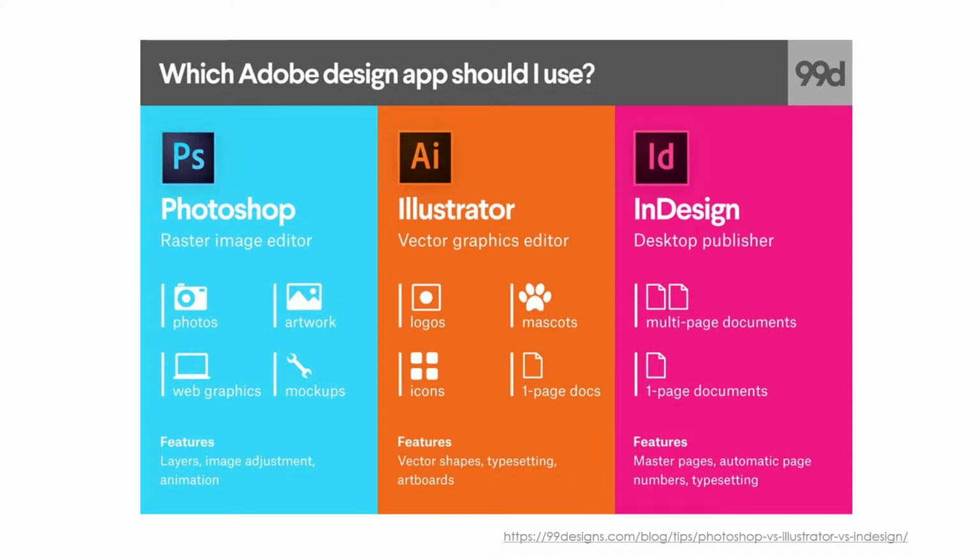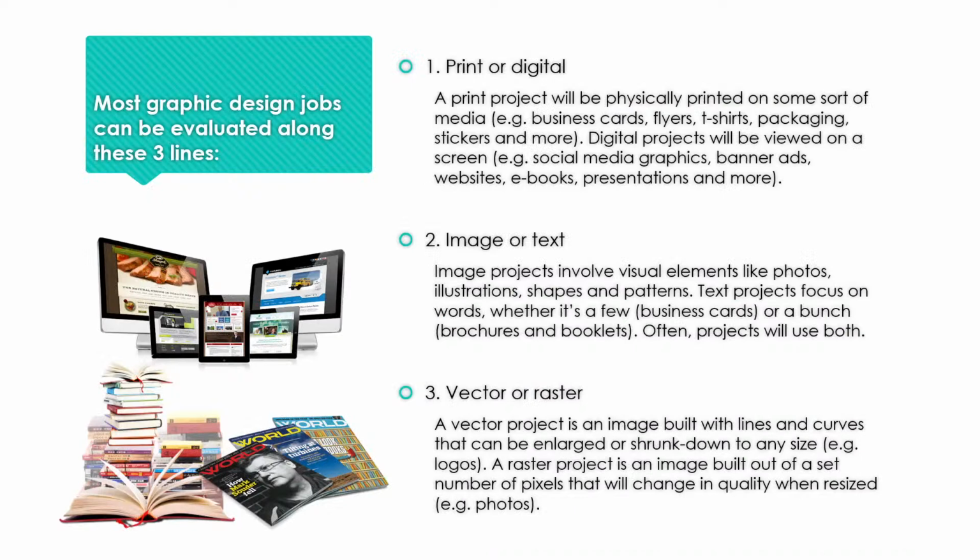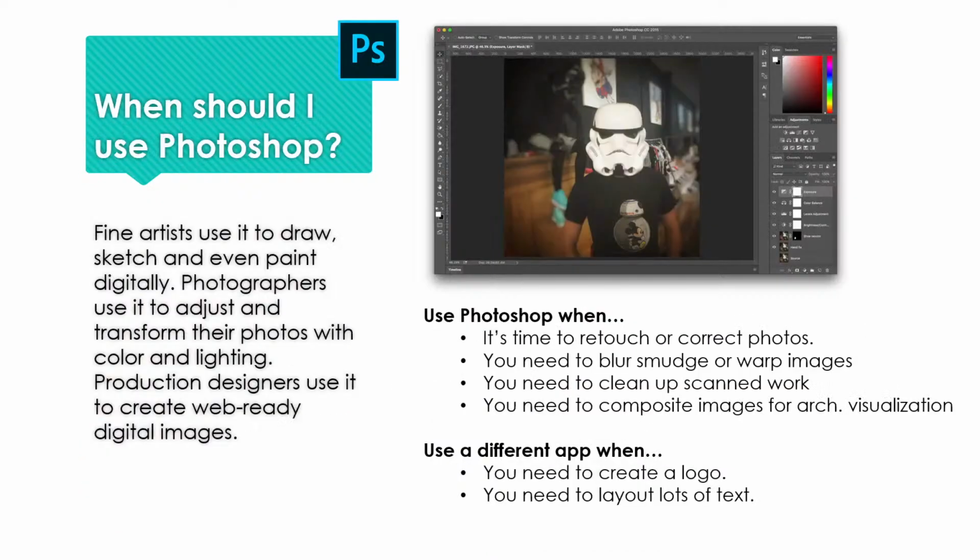What I have here is from 99designs.com, a great website for designers. Just a quick guide chart as to what you do with what program. You use Photoshop when you need to touch up or correct photos, when you need to blur, smudge and warp, or when you need to composite images.